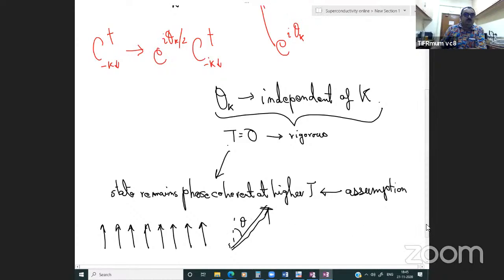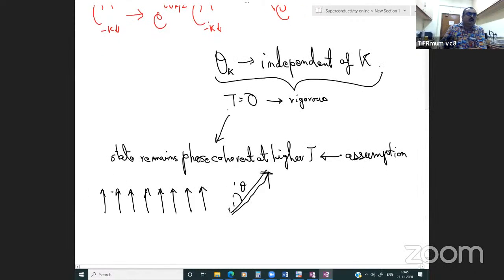So if everything was phase coherent before, why can't I generate excitations, for example phase waves, similar to phonons, lattice waves, or the magnon, the magnetization spin wave that I have in a ferromagnet? Similarly, I should be able to excite small, slow distortions of the phase like this. It can have long wavelength spatiotemporal variation.